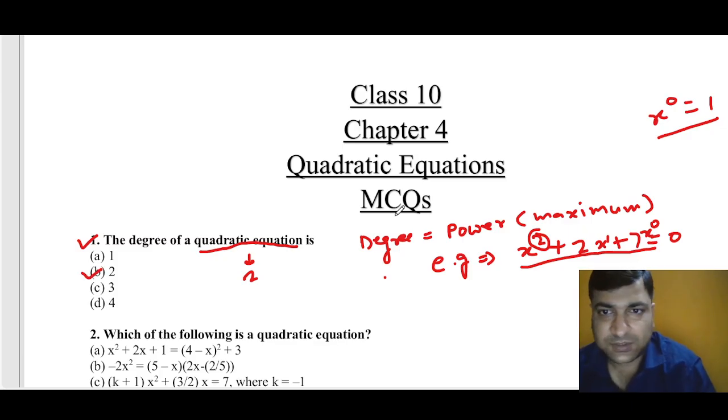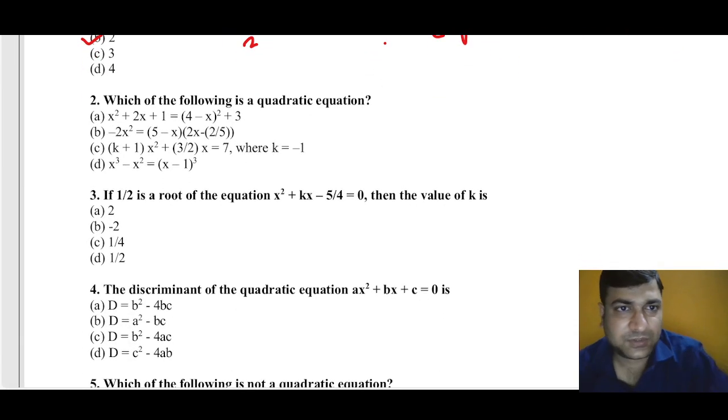The second question: which of the following is a quadratic equation? First of all, we have to solve all four equations and see which is a quadratic equation. In option one, if we resolve both sides, LHS has no solution.